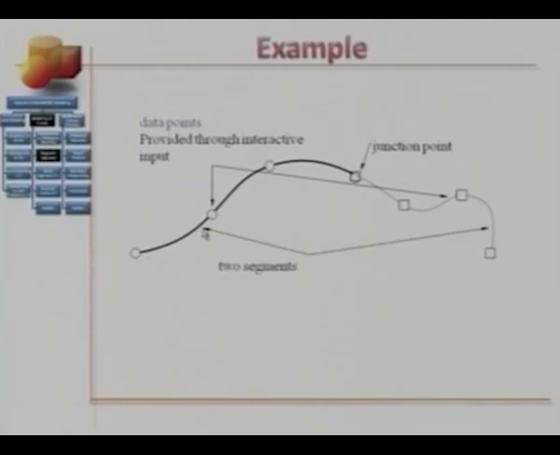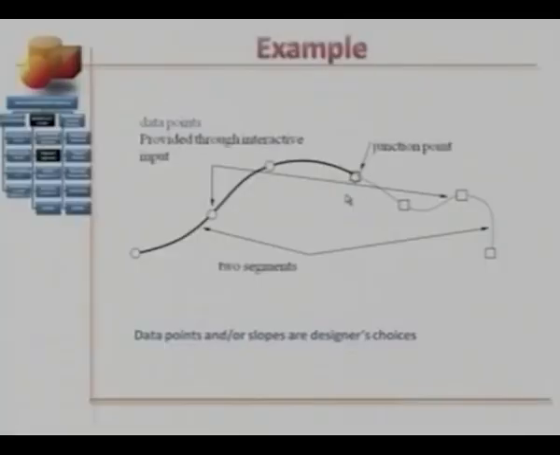As I said before, these are the two segments that constitute this composite curve. Again, data points and our slopes are essentially a designer's choice, and it is here that we need to worry about different continuity conditions like the position continuity, the slope continuity, the curvature continuity, and so on and so forth.